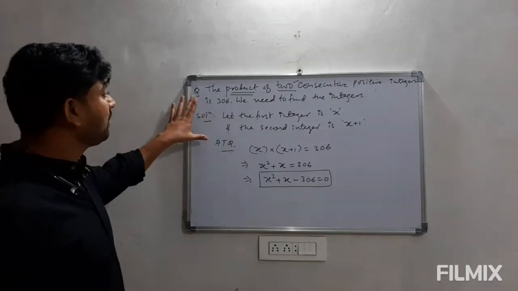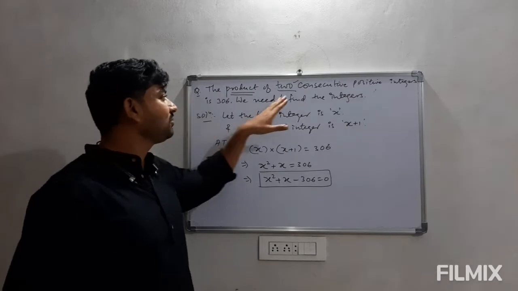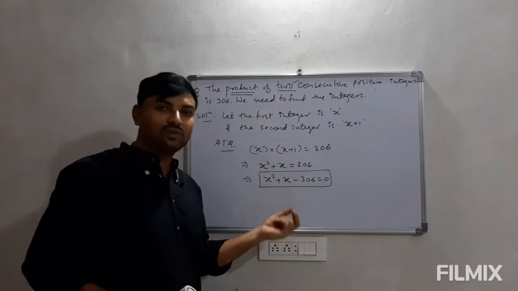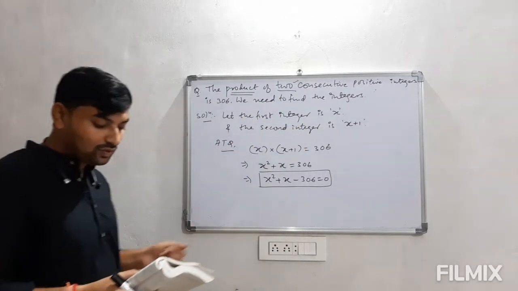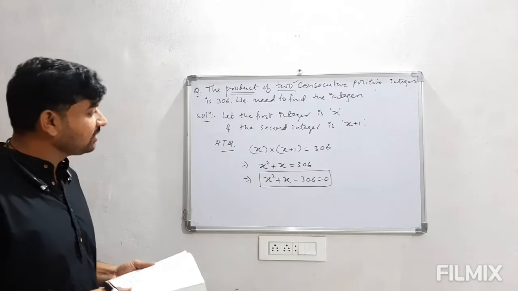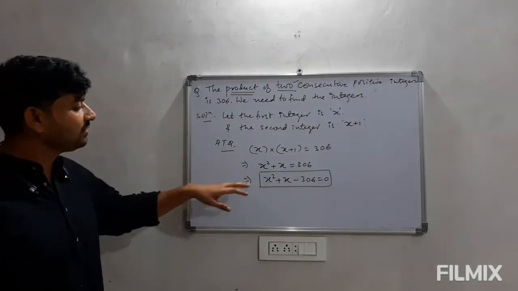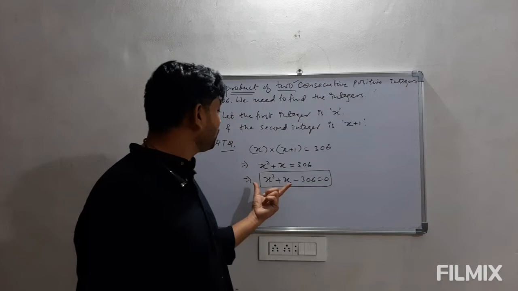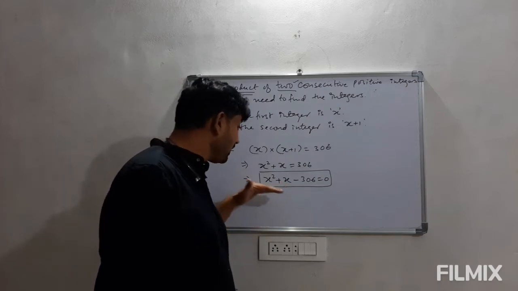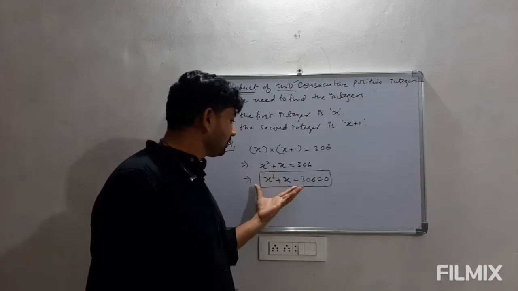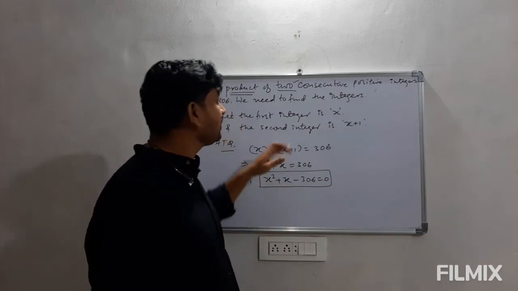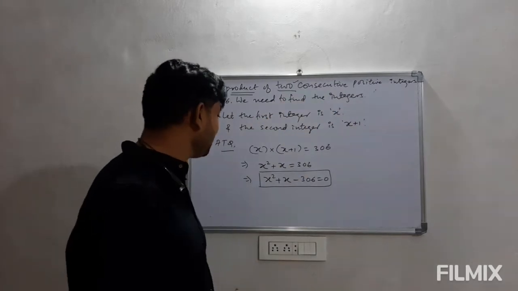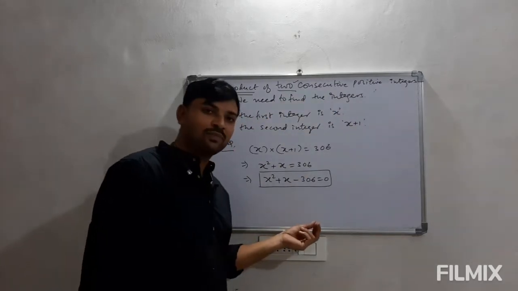So by using a quadratic equation, we can represent the whole situation in only one variable. So this is how we deal with word problems in this case. Now what we have to do is find the solution of this equation so that we can find those positive integers. There will be two values of x.